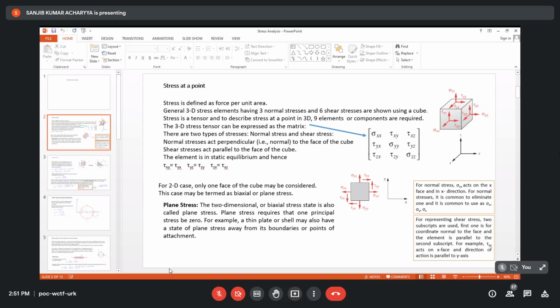But for modeling purposes, sometimes we assume a material to be 2D, 1D, etc. But it is absolutely true that any component is always three-dimensional, and at a point of that component, the stress distributions are also three-dimensional. Is it clear? Yes, sir.